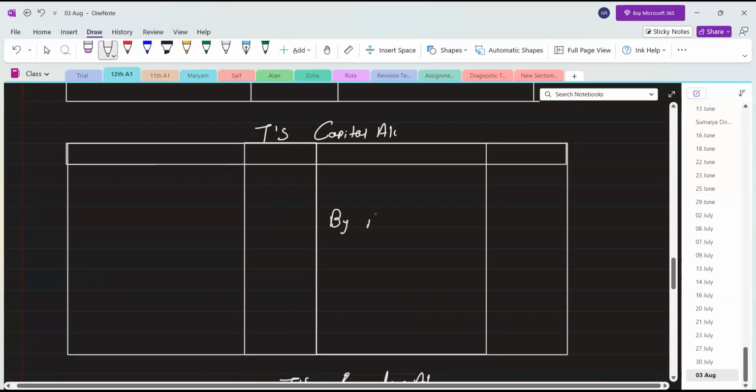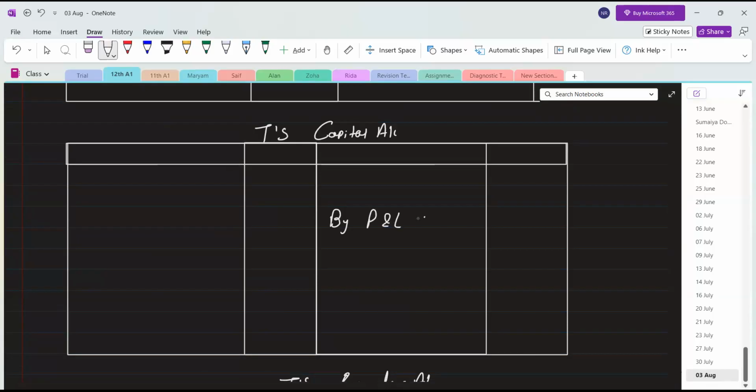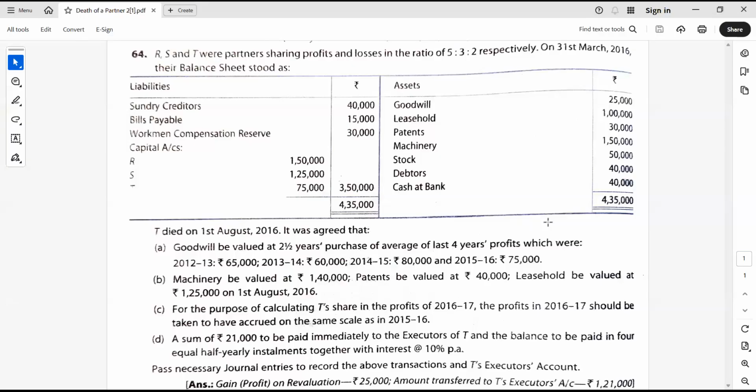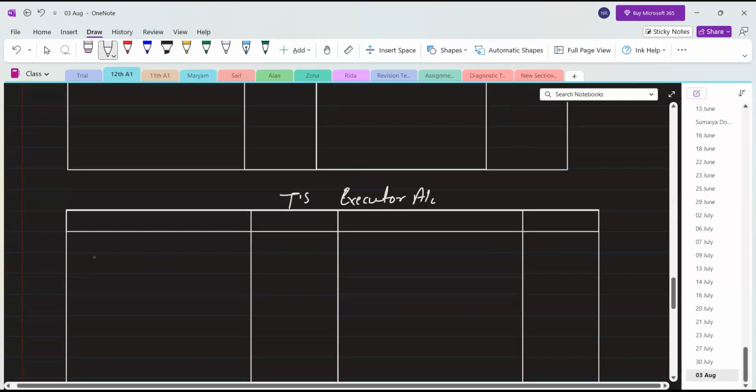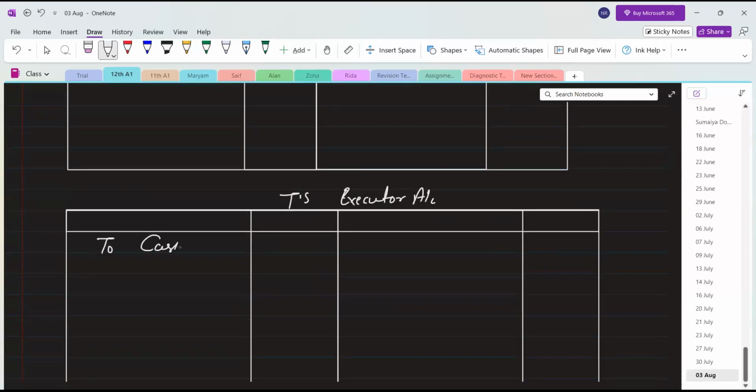So by profit and loss suspense account 5,000. A sum of 21,000 to be paid immediately. So it will be paid into T executor account. So to cash account.